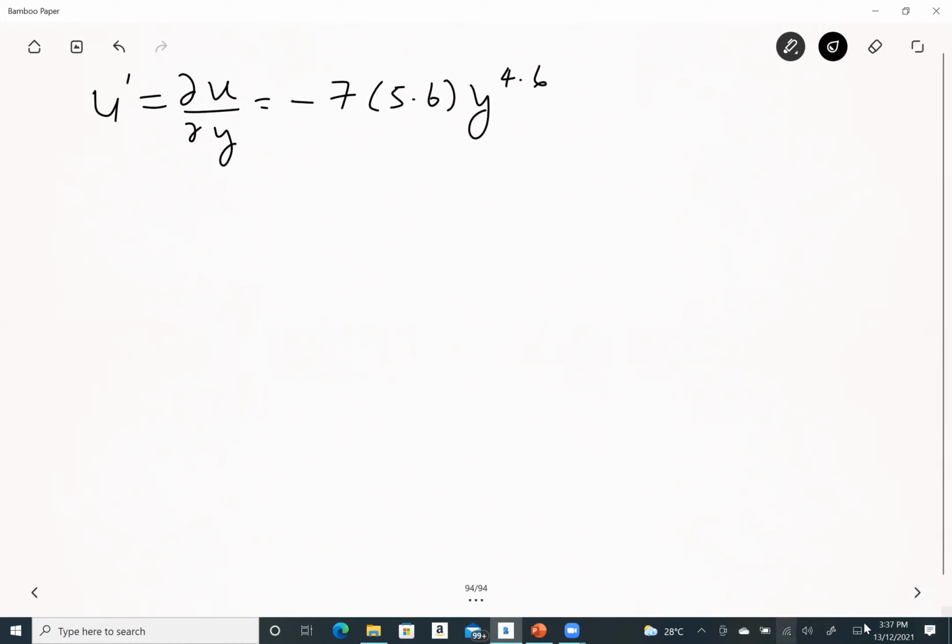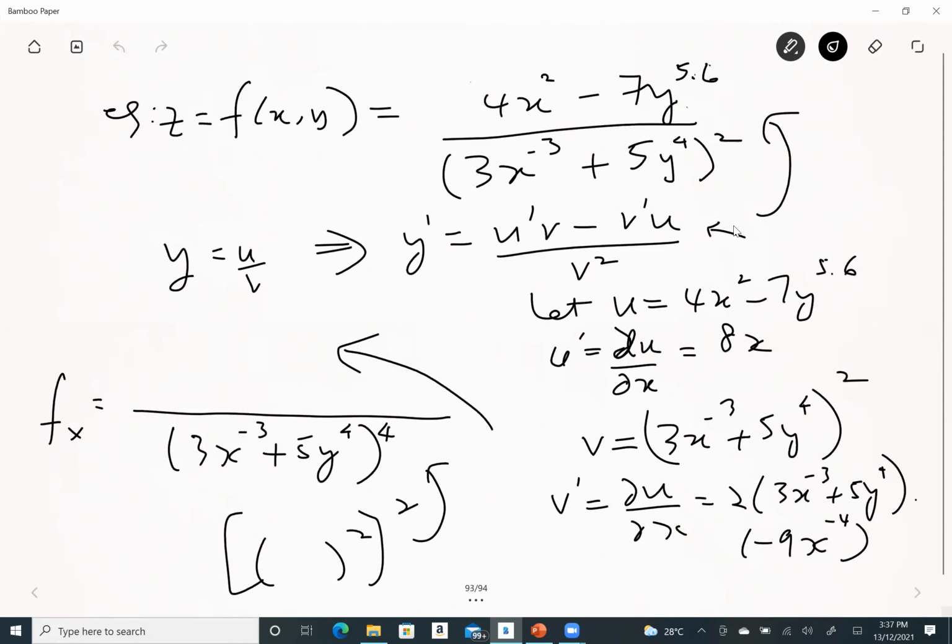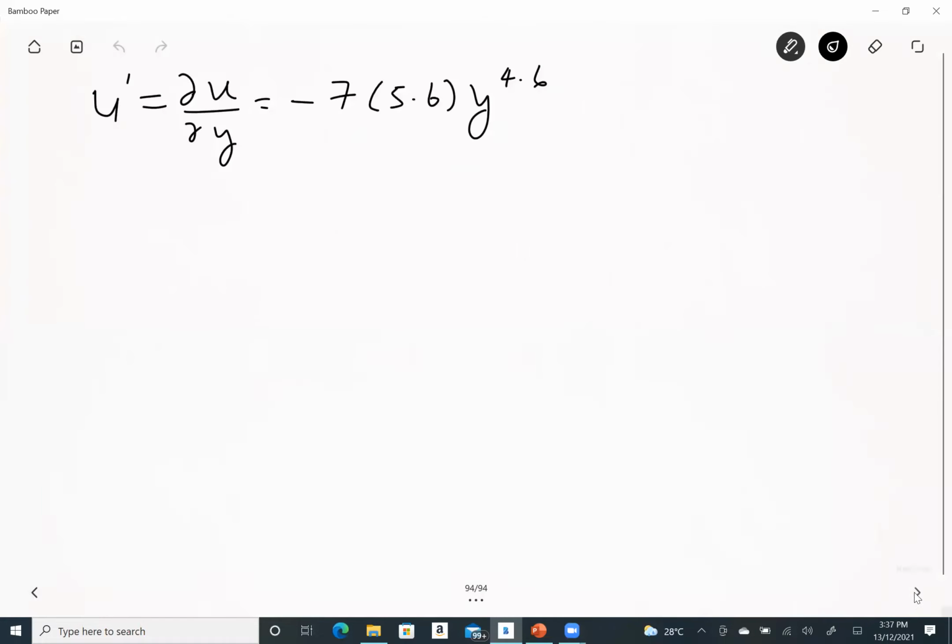So again, we have u. All right, u is 4x squared minus 7y to the power of 5.6. U prime here is du dy. So we got that one. So you can multiply 7 by 5.6 and see what you get. And then similarly, you do the v prime, and now v prime is dv dy.